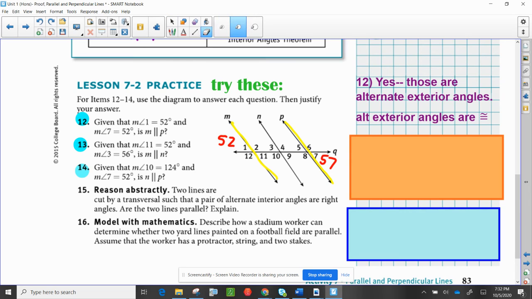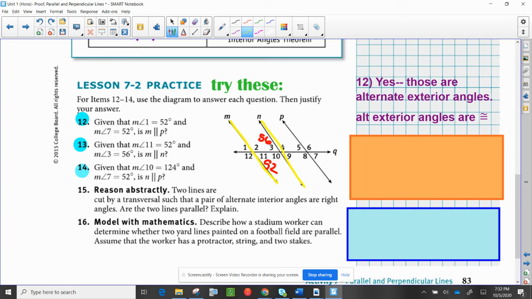Okay, so for number 13, let's look at it. We have angle 11 is 52. Maybe we'll do a different color. It's kind of hard to see the yellow. And angle 3 is 56. Can we use that to prove that line M is parallel to line N?